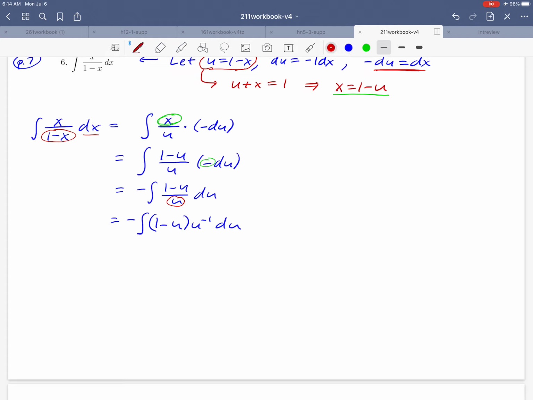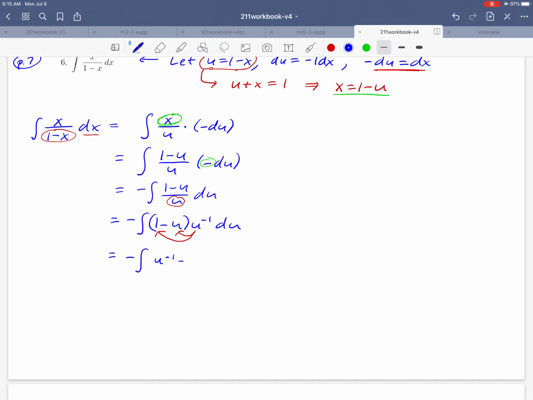And then think of that u to the negative 1 as something that we can distribute through that quantity. So we're going to take u to the negative 1 and multiply it by 1 and by u. And so this is algebraically equivalent to 1 times u to the negative 1, which is u to the negative 1, minus u times u to the negative 1.